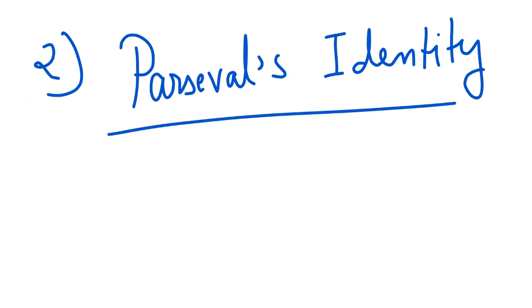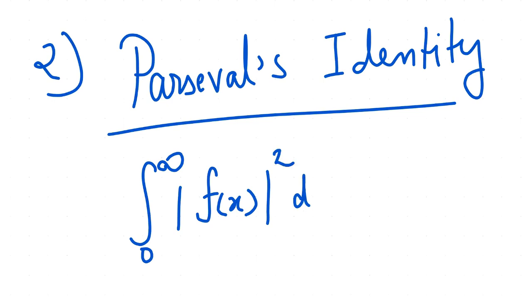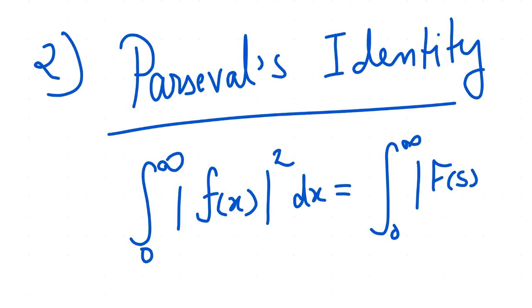Limit 0 to infinity. If we take the square of the absolute value of f(x) dx, it is equal to the integral from 0 to infinity of the square of the absolute value of the Fourier transformation, with C, or we can use S also.